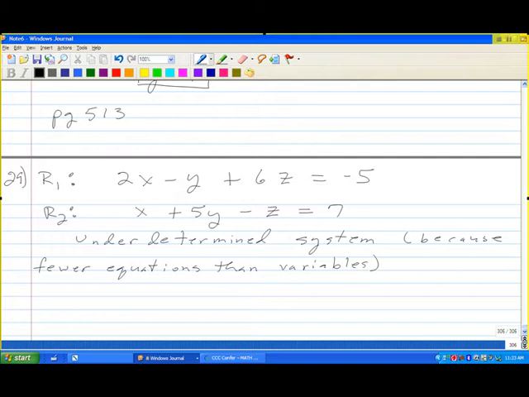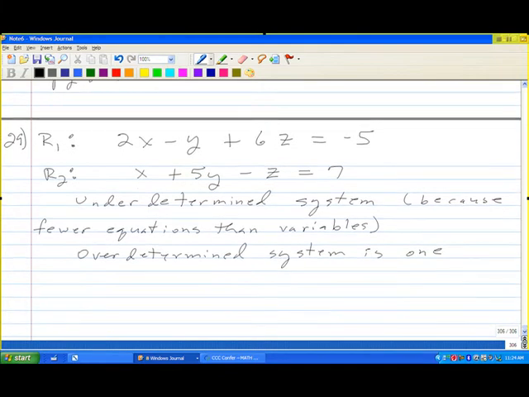If I have it the other way, an overdetermined system is one where there are more equations than variables.